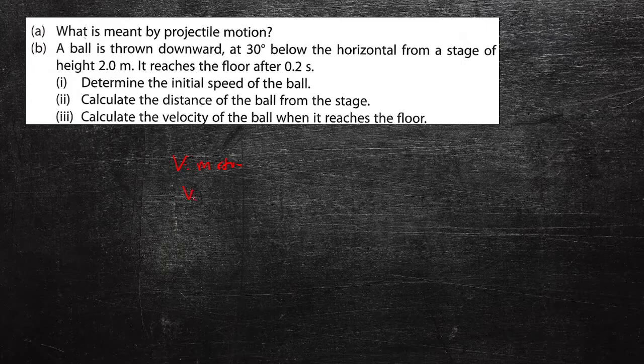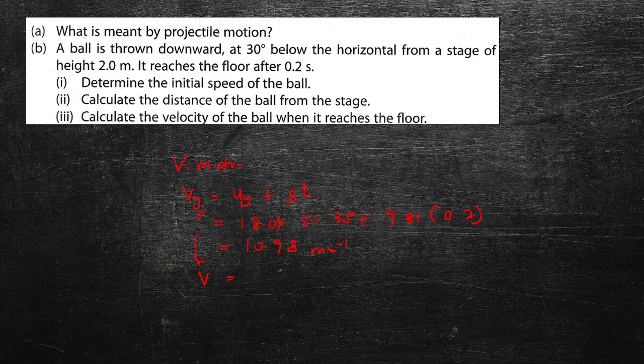Vy equals uy plus gt, which equals 18.04 sine 30 degrees plus 9.81 times 0.2. So we have 10.98 meter per second.